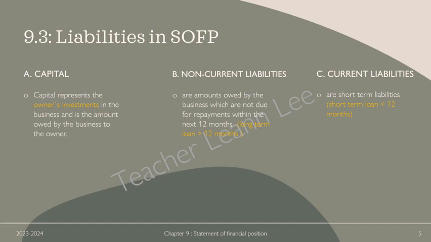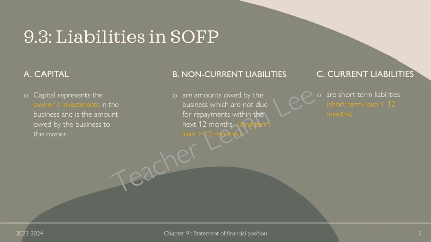Non-current liability, as you see, the non means that it's long term, same as the non-current asset. So those loans or amounts owed by the company to someone, such as the bank loan, all this more than 12 months we consider as a non-current liability.